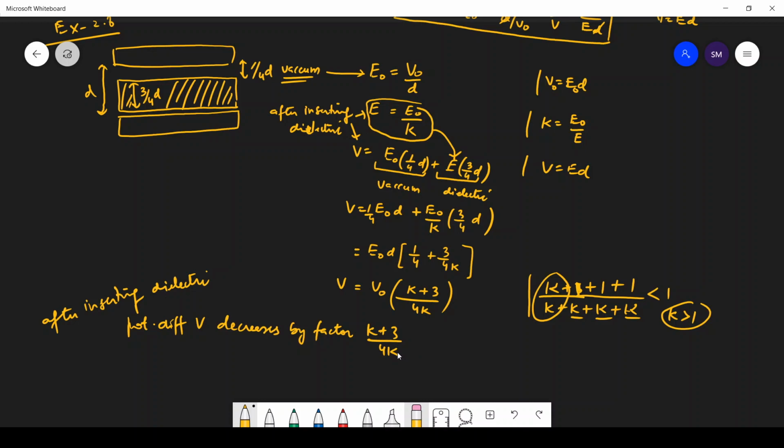So by this factor it is decreased. Fine. While the charge on the plates remains the same, while Q naught on the plates remains unchanged.